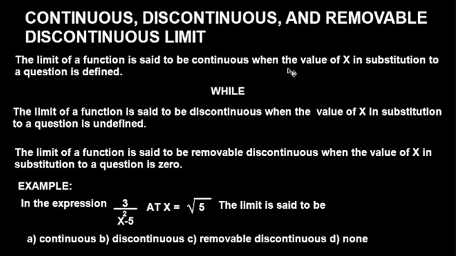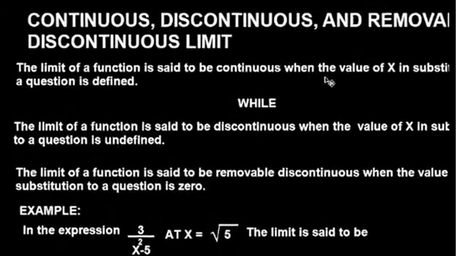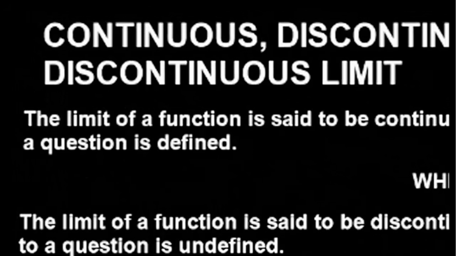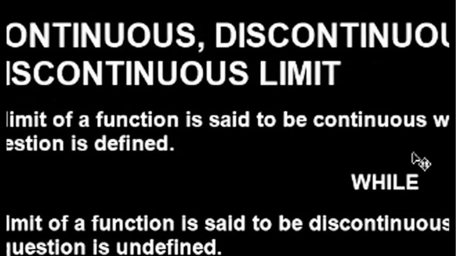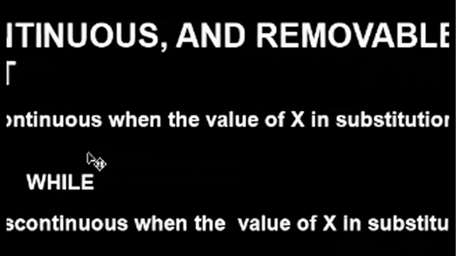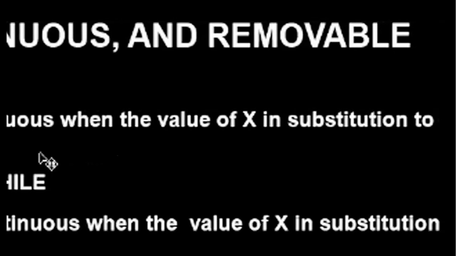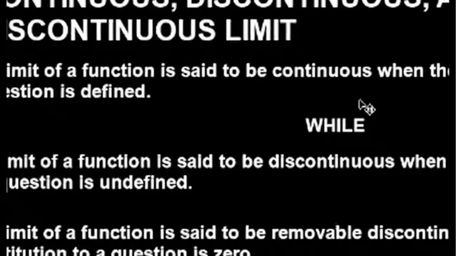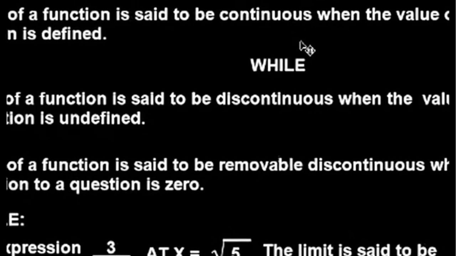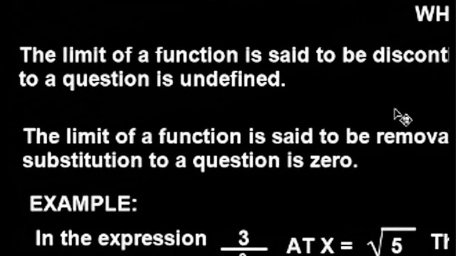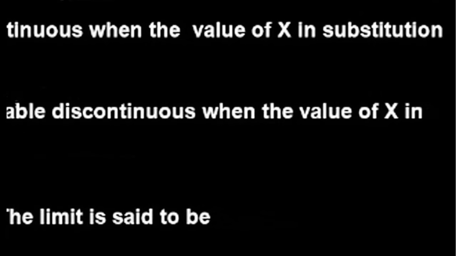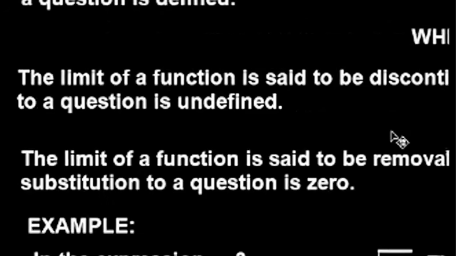We are going to look at how to identify a continuous, discontinuous and removable discontinuous limit. The limit of a function is said to be continuous when the value of x in substitution to the equation is defined, while the limit of a function is said to be discontinuous when the value of x in substitution to a question is undefined.